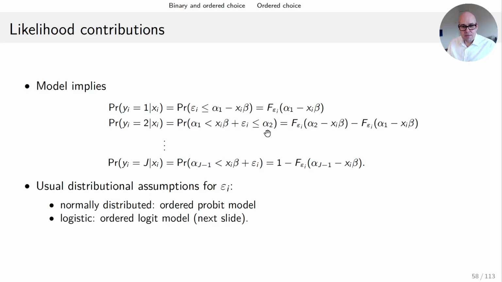So what I can also do is write this as the probability that alpha 1 minus x beta is less than epsilon is less than or equal to alpha 2 minus x beta, and that is again equal to the probability that epsilon I is less than or equal to alpha 2 minus x beta minus the probability that epsilon I is bigger than alpha 1 minus xi beta.